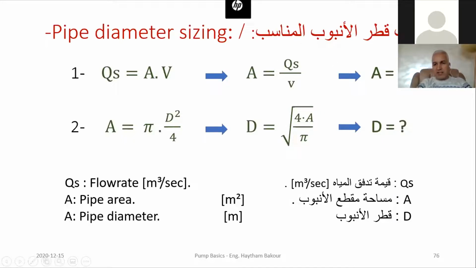As the first stage to calculate that, we need to calculate the diameter of the pipe, the pipe diameter sizing. When we want to choose, we need lots of references and resources, and we need to work on them. As a start, we need to calculate the size of the pipe diameter. We are going to explain these equations in the upcoming slides.